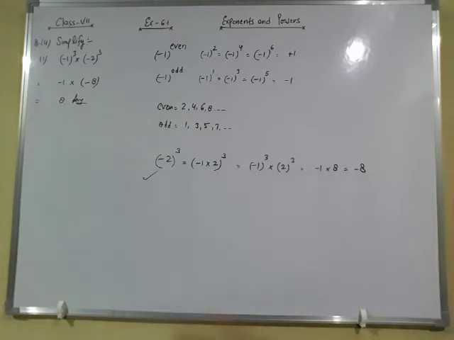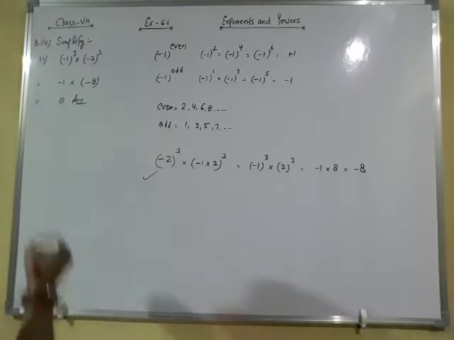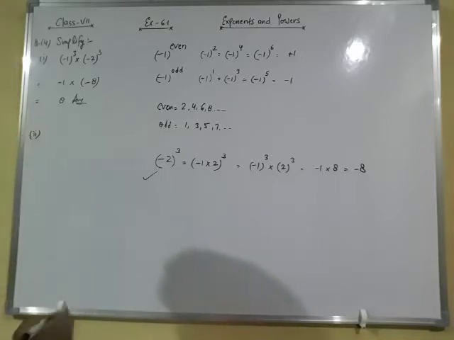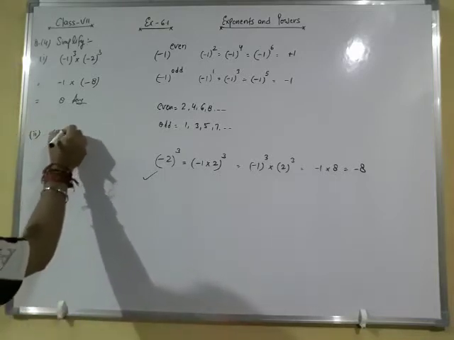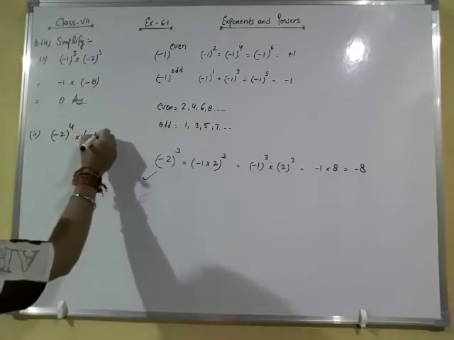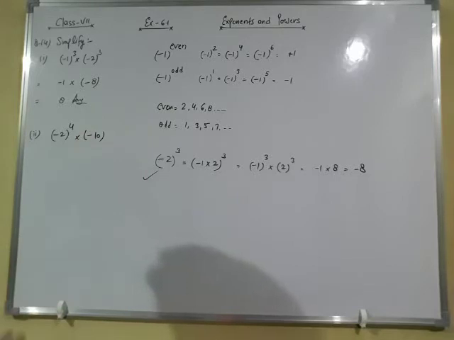Don't worry, we will do the remaining two parts of this question, and then this method will be easier for you to understand. So it's the second part. In the second part, we have to find minus 2 raised to the power 4 multiply minus 10 raised to the power 2.